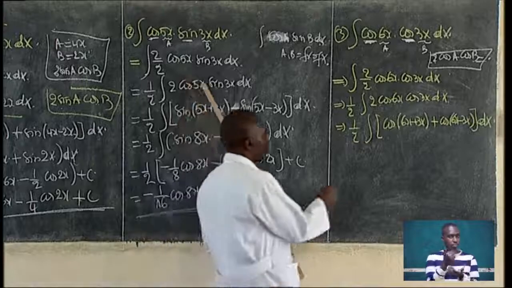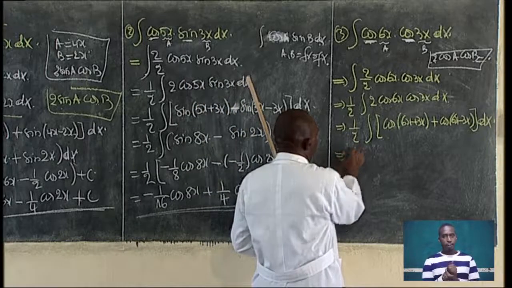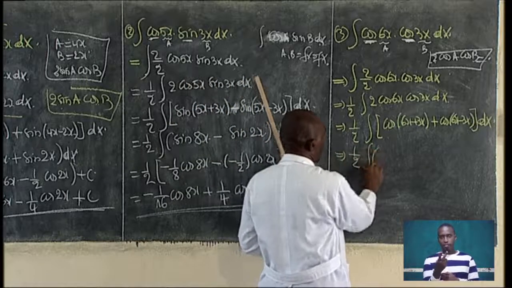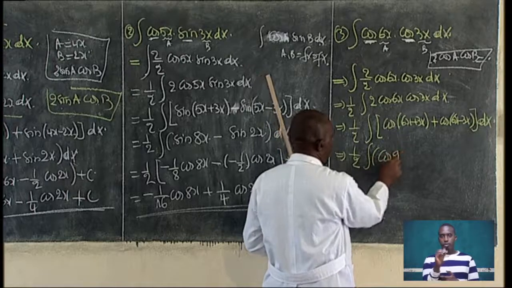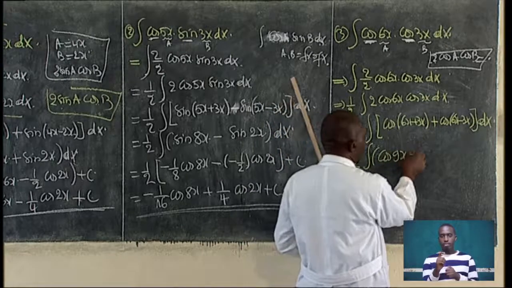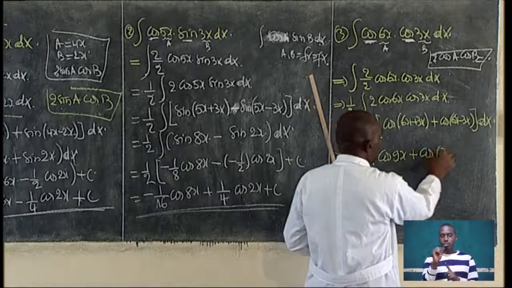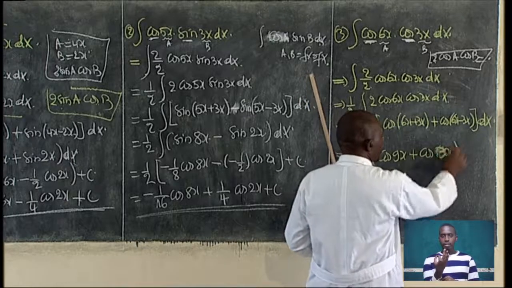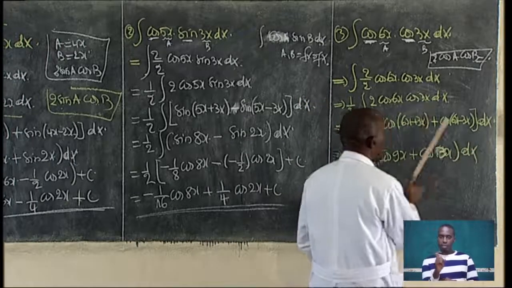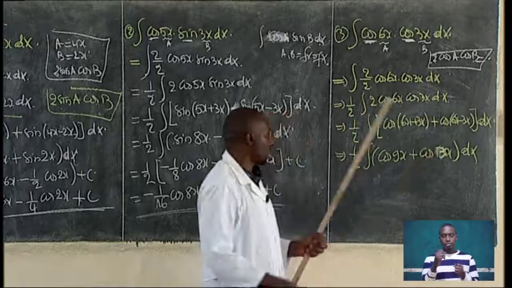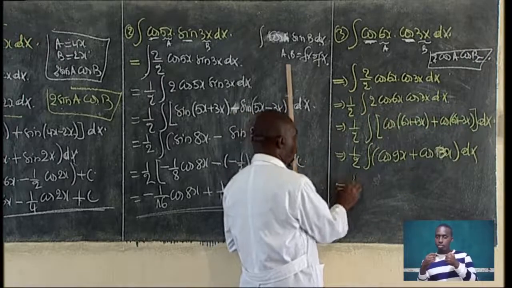All right. So this is a half integral of cosine of 9x plus cosine of 3x dx. 6x minus 3x is 3x. So this is 1 over 2.